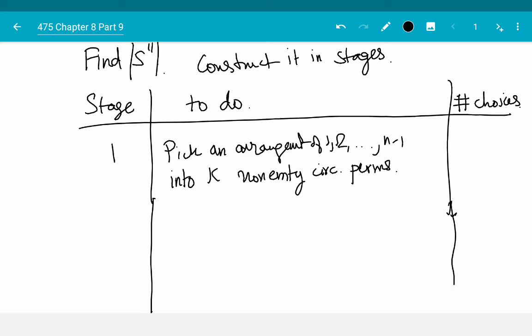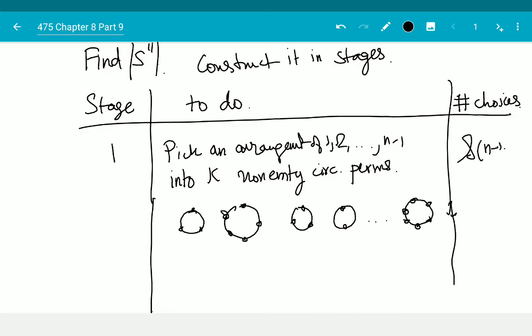So you have basically n minus 1 dots that you're putting in some circles. Well, the dots are labeled, but for the sake of drawing, I'm not labeling them. Something like this, 1, 2, 3, 4, 5, 6, maybe. How many do I have? S of n minus 1 comma k, by definition.